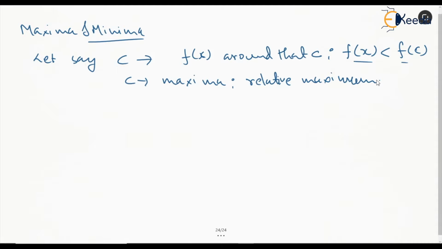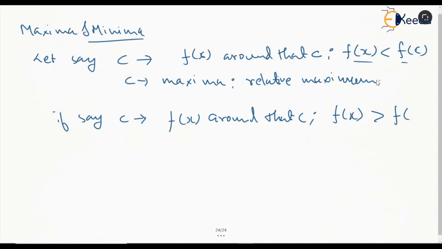Similarly, if C in that interval or in that domain, f of x around that C satisfies that f of x is greater than f of C, then C will be given as a minima or a relative minimum.